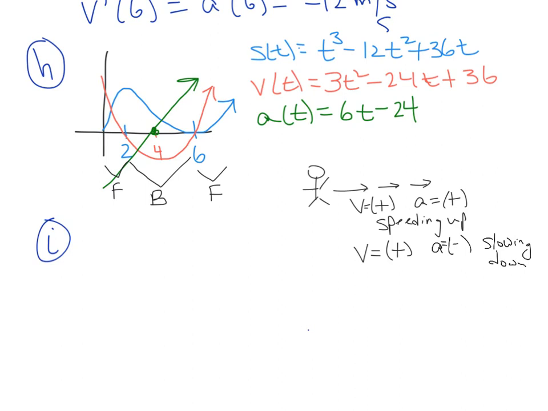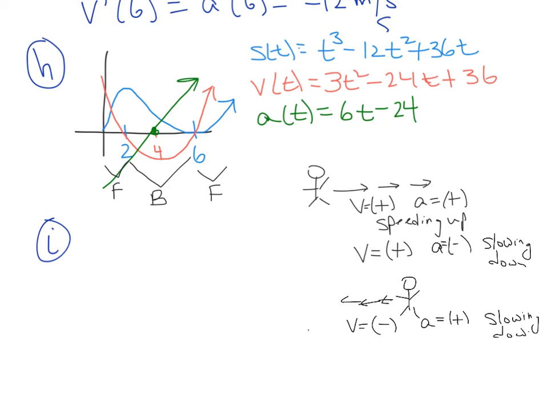That's pretty obvious. Now, suppose, though, I was moving in a backwards direction. I'm going backwards. So that would mean my velocity would be negative. Now, if I'm going backwards, but my acceleration is in a positive manner, I'm also slowing down.